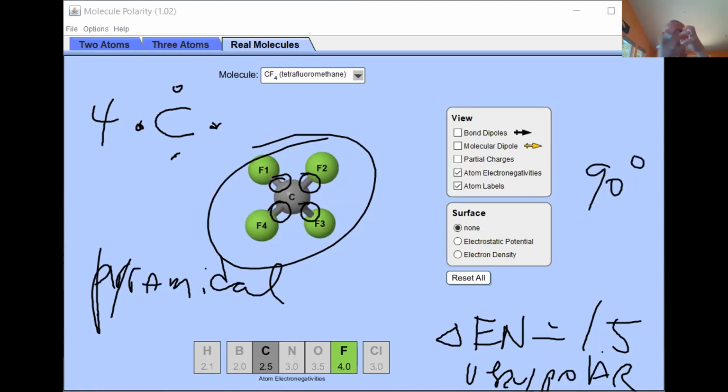And we could actually set up a different shape where the angles are greater, and so they can move further away, and that's in a pyramid shape. So it's completely symmetrical. It has very polar bonds. What is the molecular dipole going to look like? There isn't one. There isn't one, right? There isn't one.